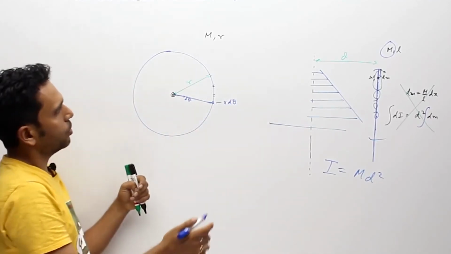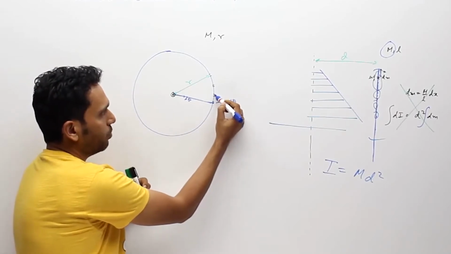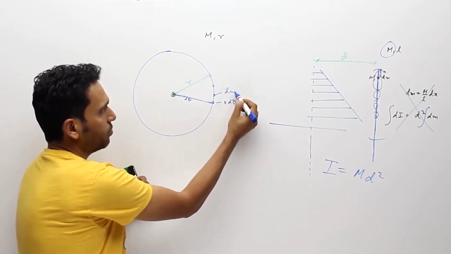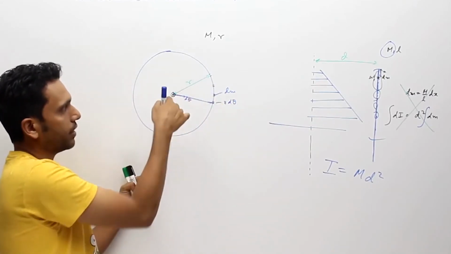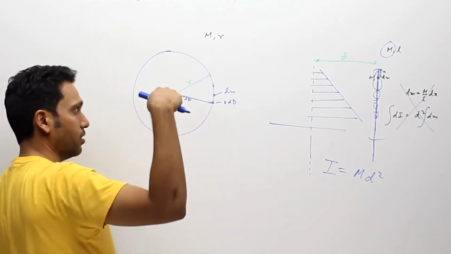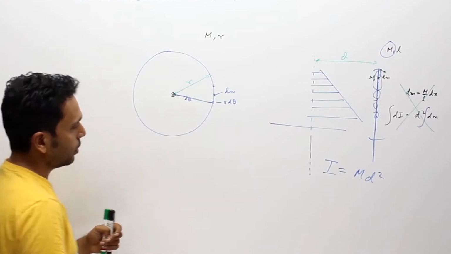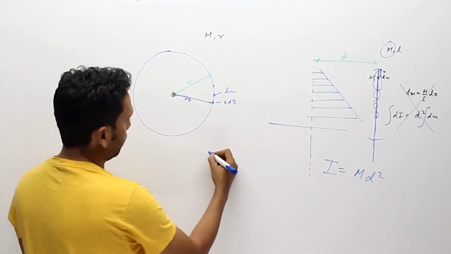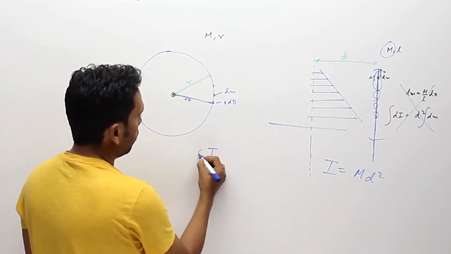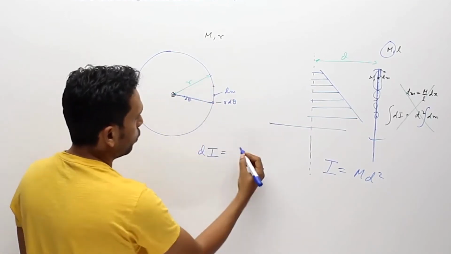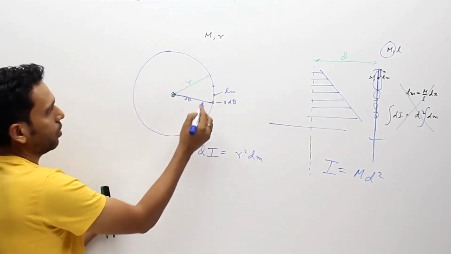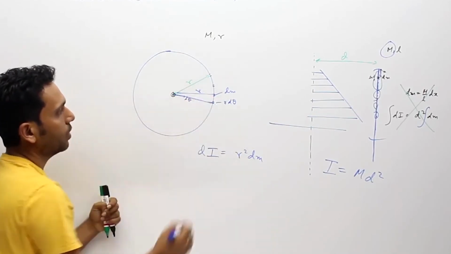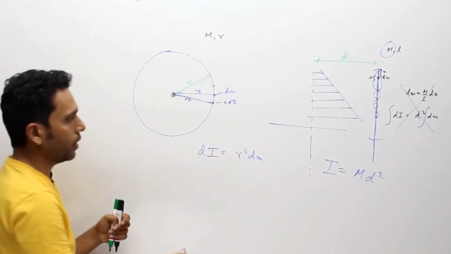But the point is that all the dm's lie at the same distance r away from the axis of rotation, if the axis is like this. So no need of integration, and we can safely say that all the di's would be r squared dm, where r is a constant. All the dm's have the same radius r, so r squared dm, r is a constant.